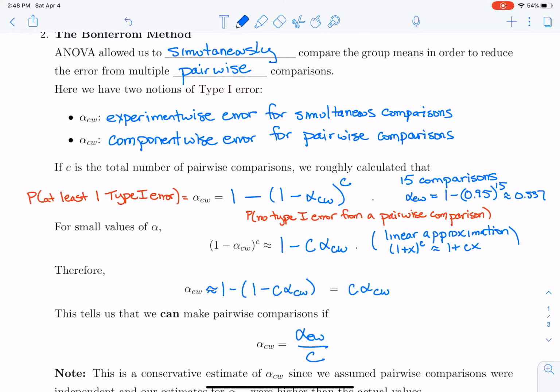So in other words, we can run these t-tests for various pairs at a really, really small alpha value. And if we do that, all of the errors will add up so that they don't go over our alpha that we desire, maybe 5%.